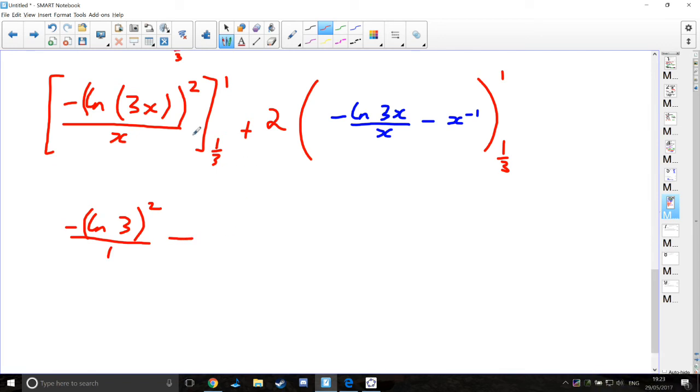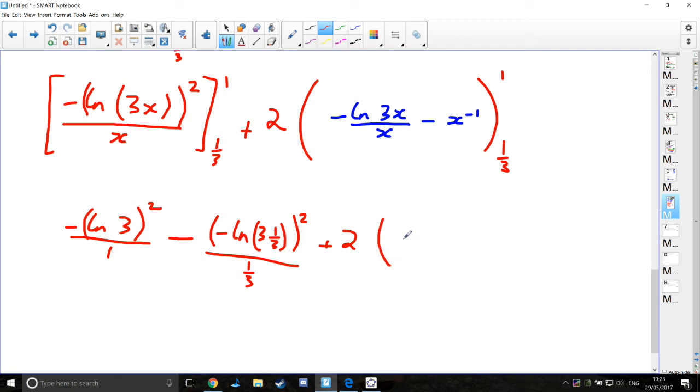Minus, when we sub a third into it, minus ln 3 times a third all squared over a third, plus 2 lots of this thing with the same thing subbed in.